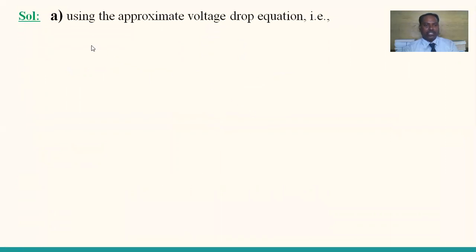We start with the solution of the first part using the approximate voltage drop equation. The approximate voltage drop equation is already derived for 3-phase balanced lines. Voltage drop is equal to I times (R cos theta plus X sin theta).